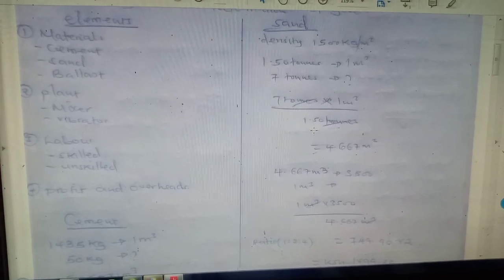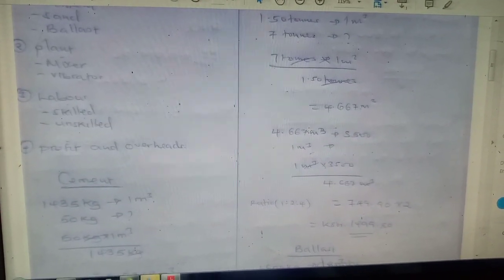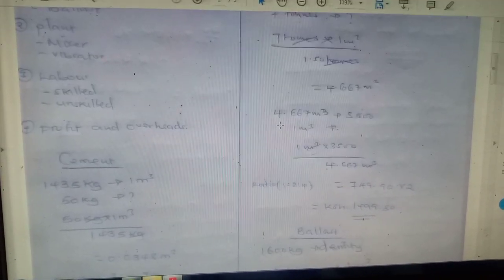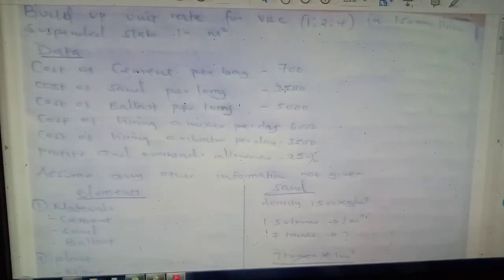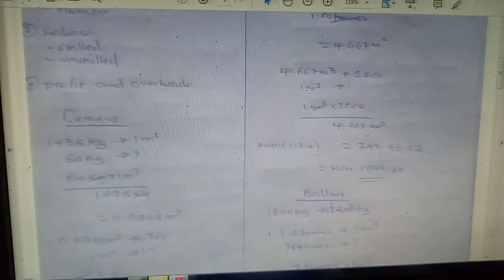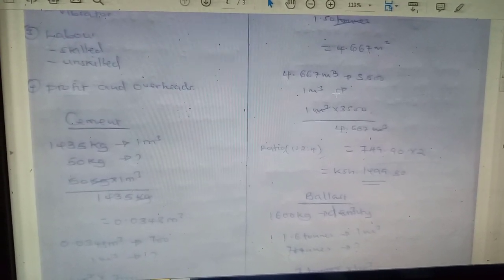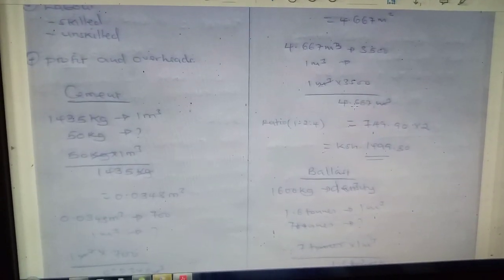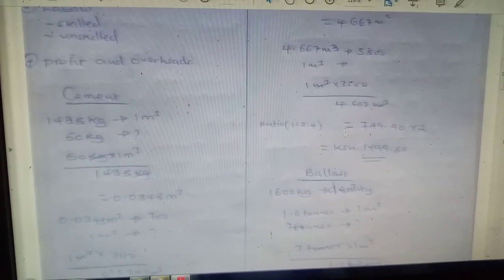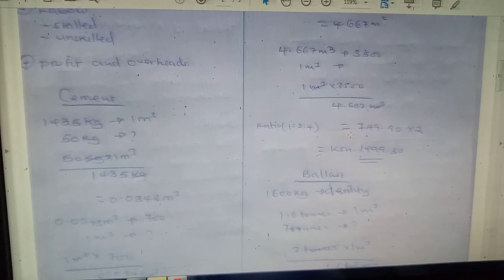7 tons will be 4.667 meter cube. Then you say 4.667 meter cube, which is the 7 tons, cost 3,500. Now what of 1 meter cube? You need it in 1 meter cube, so that times that divided by that will be 749.9, or 749 and 90 cents.